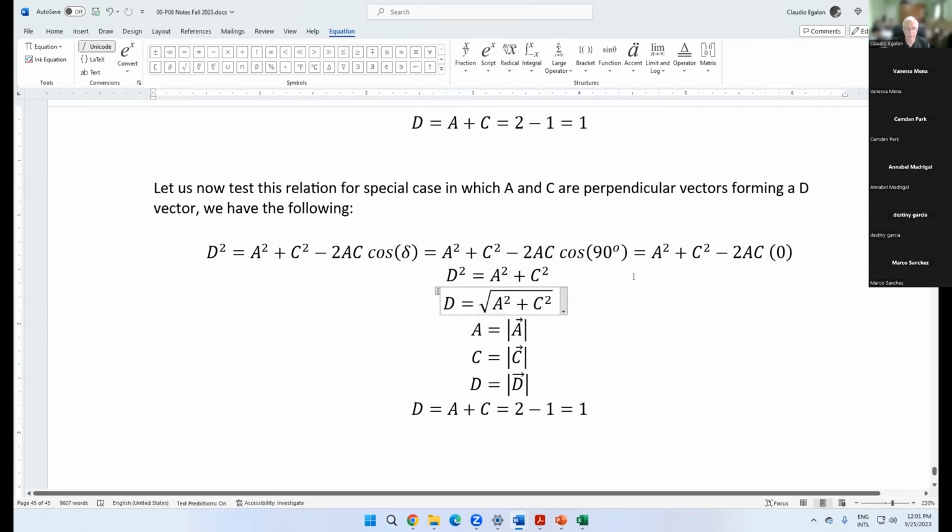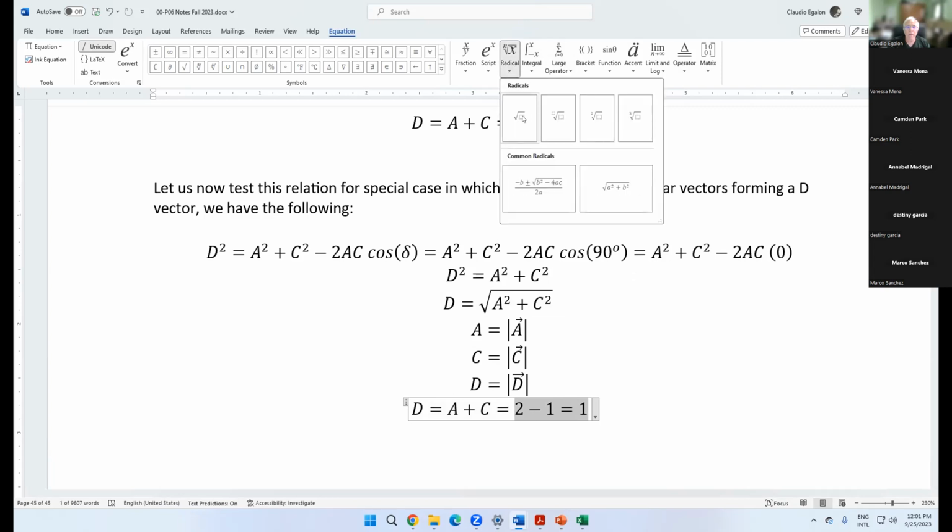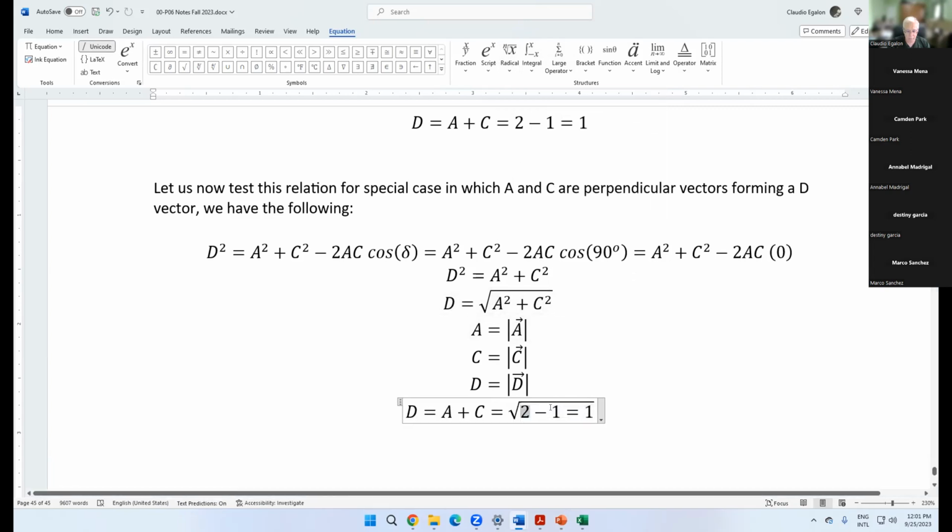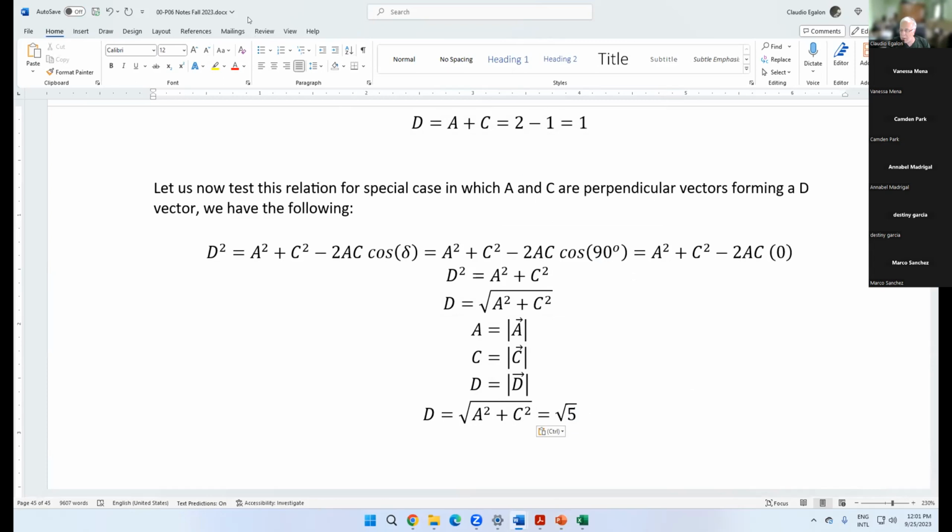So we end up with square root of 5. So we are done here now.